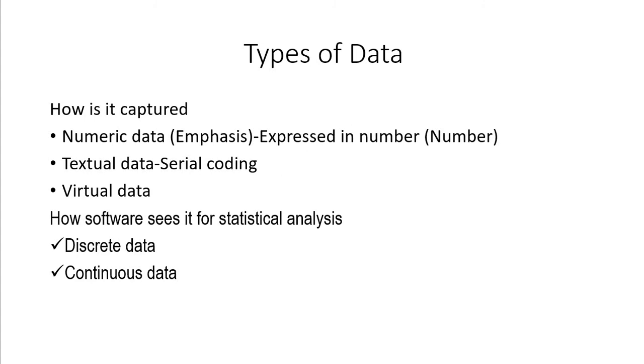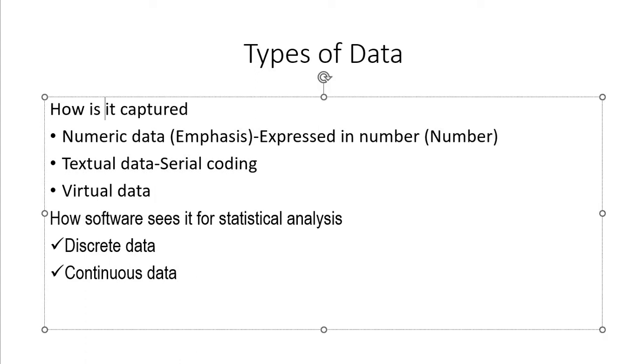Now let's look at the types of data. Once we have seen the various types of variables based on the role that they play and how we can illustrate them on a conceptual framework, the types of data, we can classify them based on how data are captured. That's the first dimension.